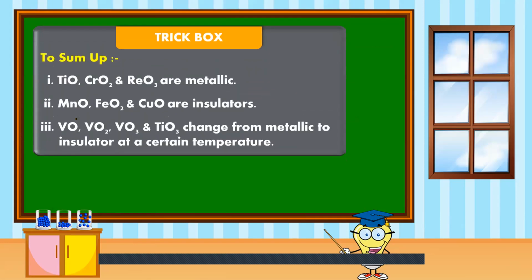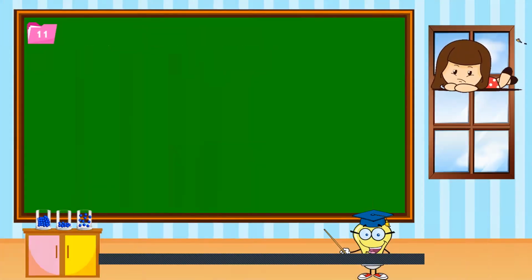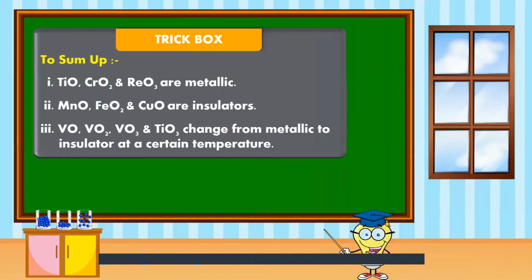Question number 11. Before going to teach you question number 11, I want to give you a small trick box. Just take out your pen and paper and write these points. Otherwise, you can write them in your exemplar textbook itself, students. TiO, CrO2, ReO3, these oxides are metallic, and MnO, FeO2, and CuO, these are insulators.